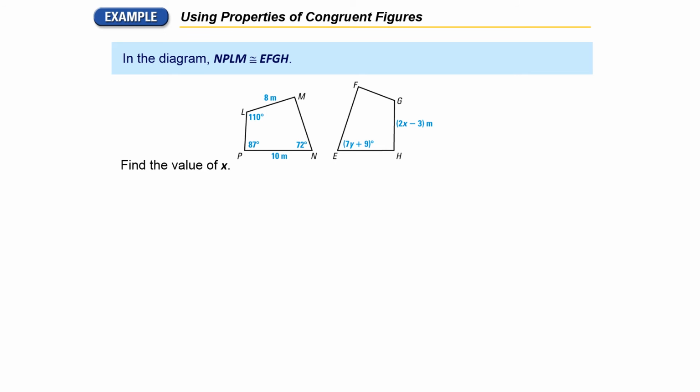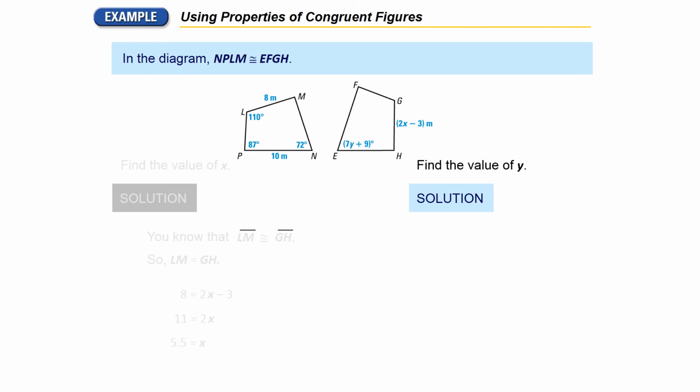So GH is the last two letters of the statement, so it's going to correlate to LM, the last two letters. So we could state 2x minus 3 equals 8x because congruent means equal. Now we just solve. Add 3 to both sides. Divide by 2. So there's your x answer.